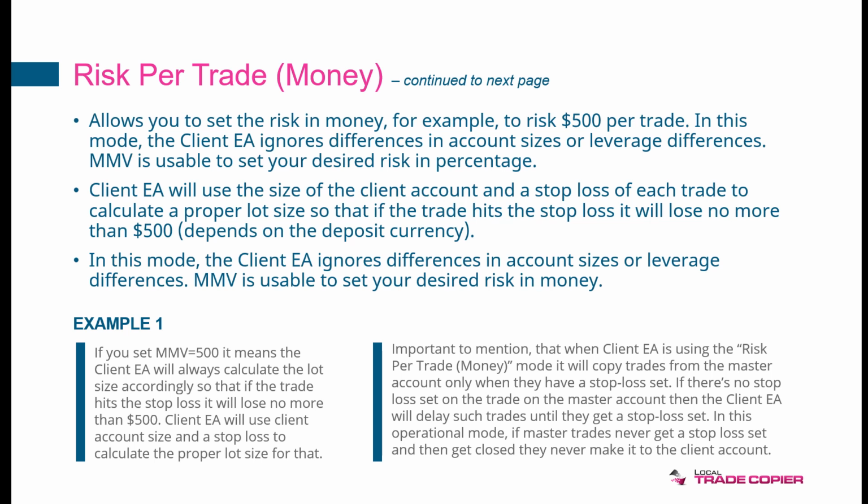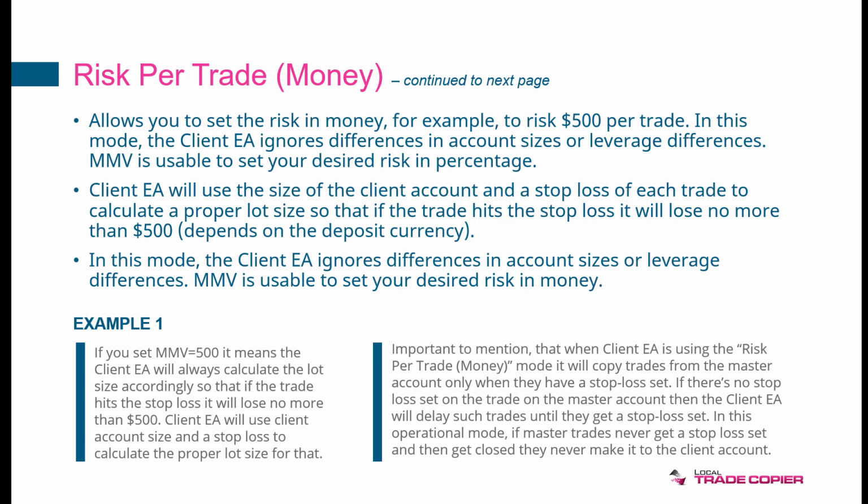So if you set MMV to 500, the client EA will always calculate the lot size accordingly so that if the trade hits the stop loss, it will lose no more than $500. Roughly, yes, because we have slippages and spreads and so on. The client EA will use the client account size and the stop loss to calculate the proper lot size for that.